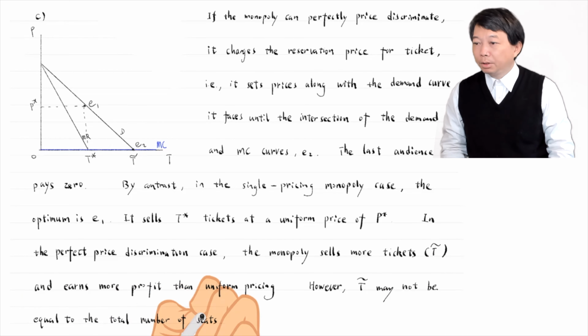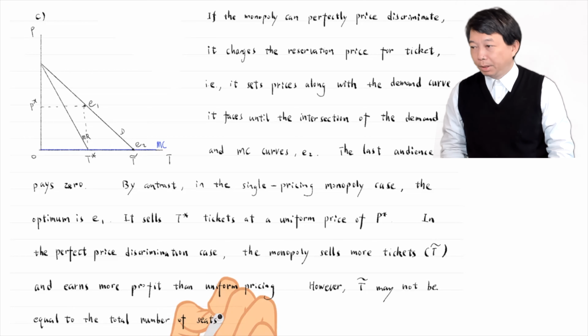If T tilde is larger than the total number of seats, the monopoly should sell all tickets, and the audience with the lowest reservation price pays a positive price. If T tilde is smaller than the concert capacity, a perfectly price discriminating monopoly still cannot sell all the tickets. It implies too low demand or too many seats.